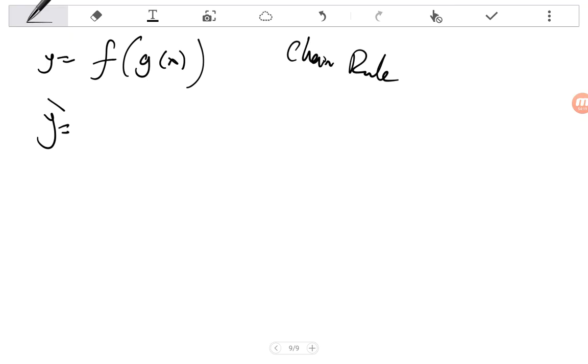What is the rule? To find the derivative, I would take the outer function, which is f in this case, and I differentiate it, preserving what is inside it as it is, g of x. So in this case, I've just finished the f.